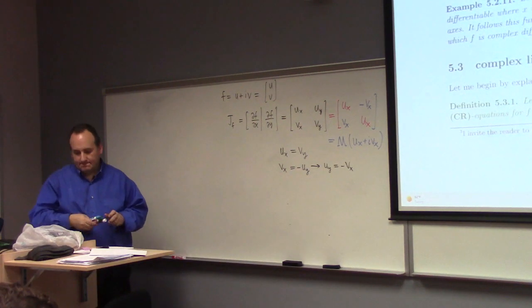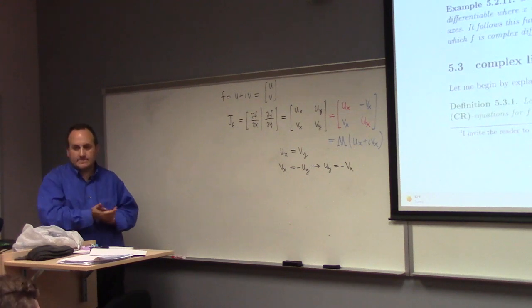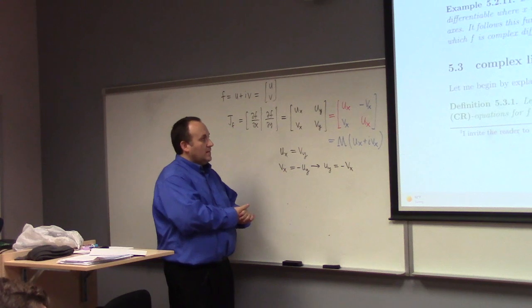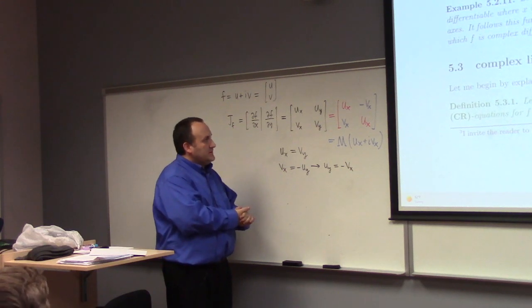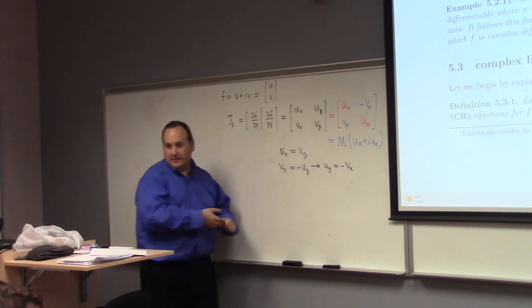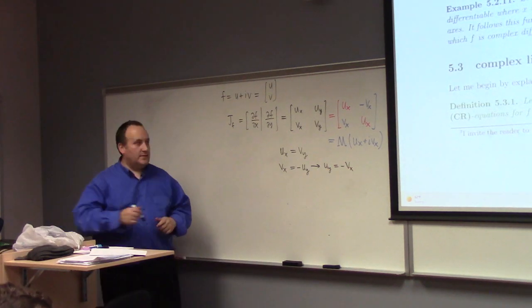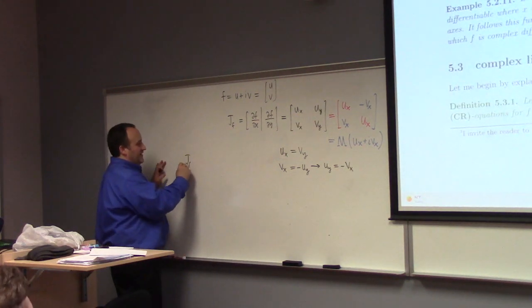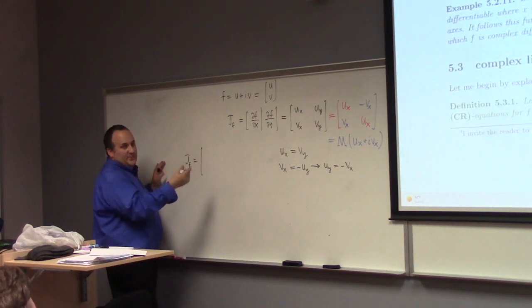Wouldn't it be u sub y instead of ux? No. I mean, you could go that way if you want. We could also say Jf is equal to, get rid of the x's, keep the y's.